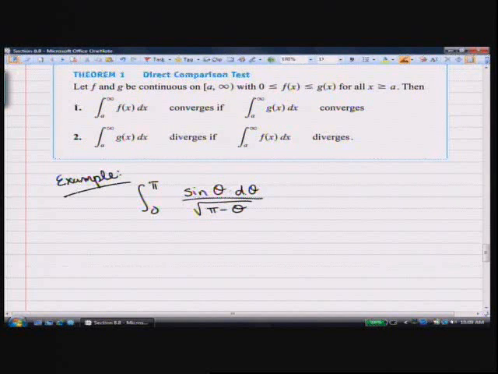So if we can prove that 1 over square root of pi minus theta converges, then we can prove that sine theta over square root of pi minus theta converges.